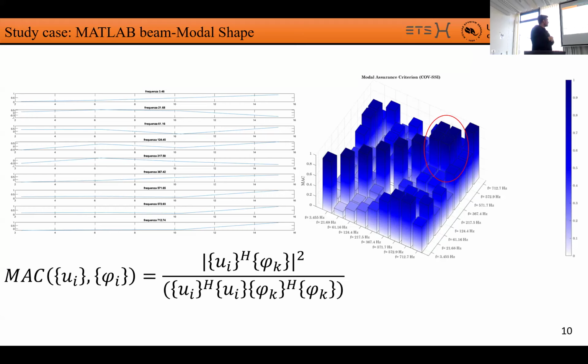As you can see here, if you look at the frequencies 571 and 572, we have a very big value of MAC. So it means that they are basically the same frequency, but we also need a way to understand which one of the two we want to discard.